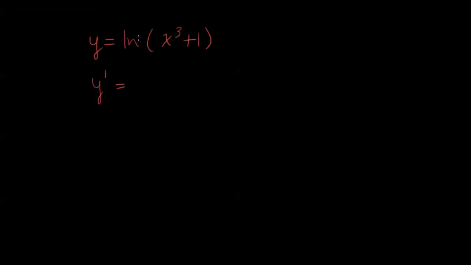We have the natural log of something, a function inside a function. So we take 1 over u times du over dx. That just means that whatever's inside here is u.